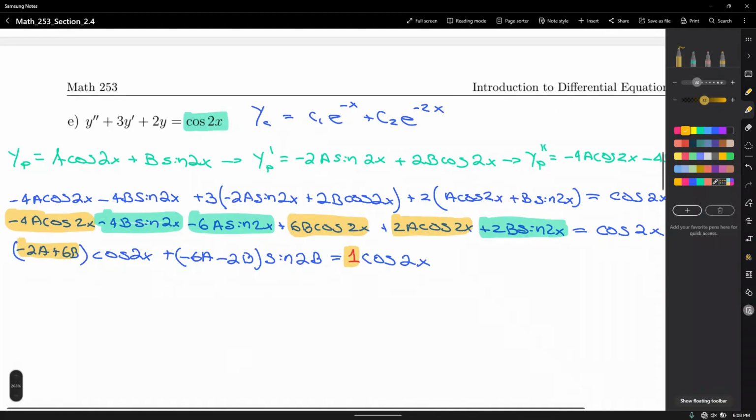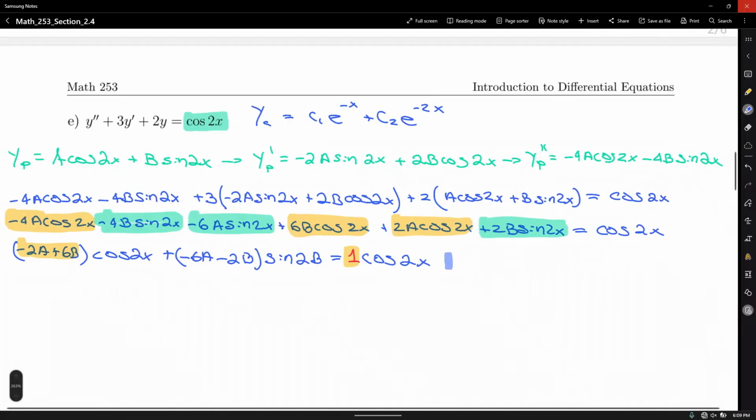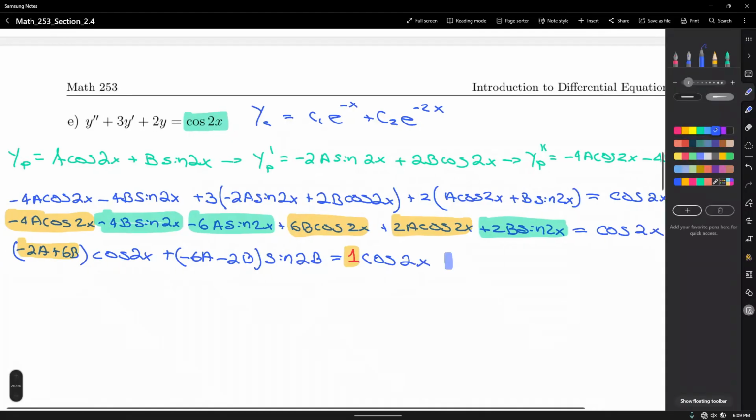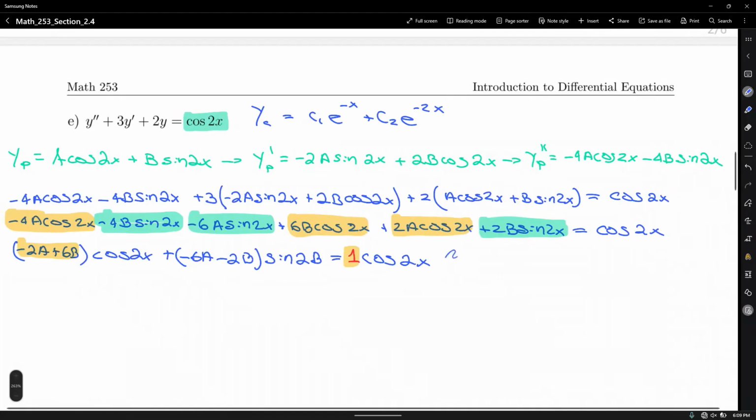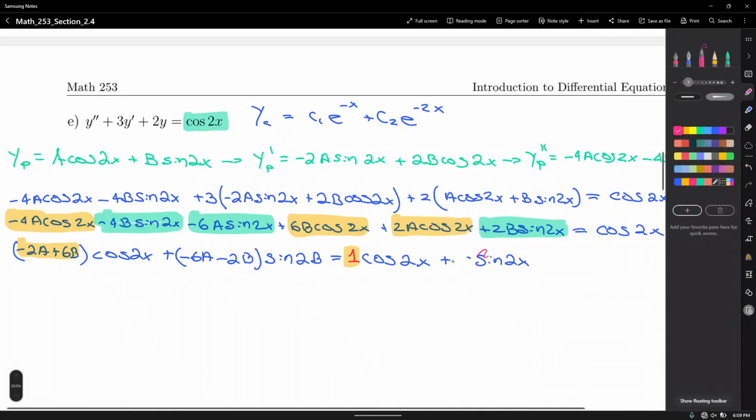But what do we set the second coefficient equal to? Because we don't have a sine term. Well, the sine term is there in spirit. You may not see it, but it's there: plus sine 2x, except that we're multiplying it by 0. So negative 6a minus 2b equal to 0.